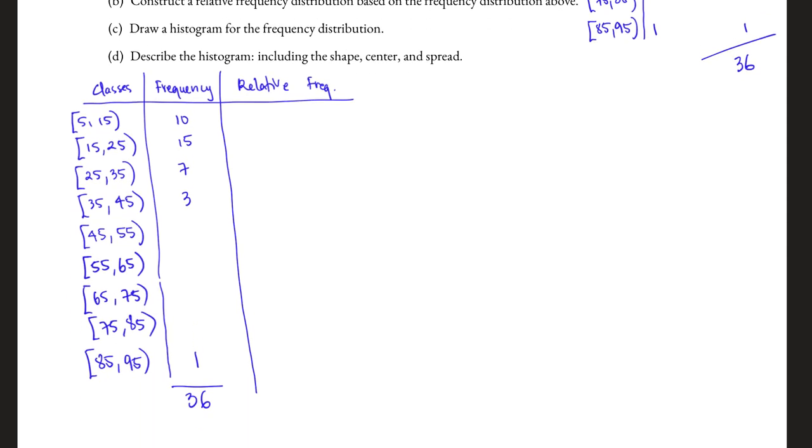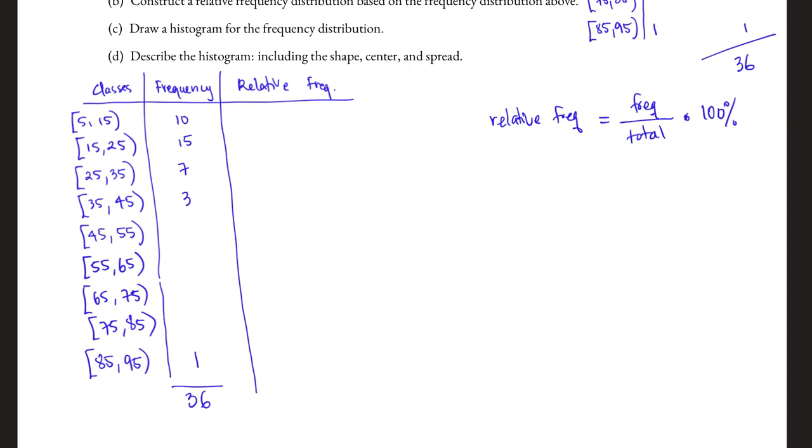To construct a relative frequency, we take the frequency divided by the total multiplied by 100%. So the relative frequency is the frequency, which is the count, divided by the total or the sum and multiplied by 100%.